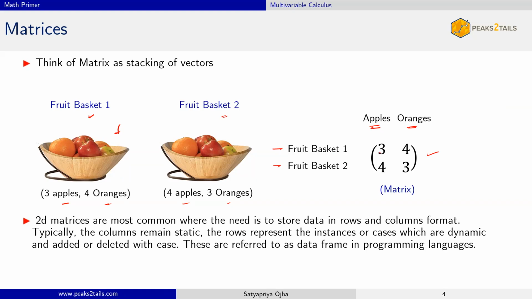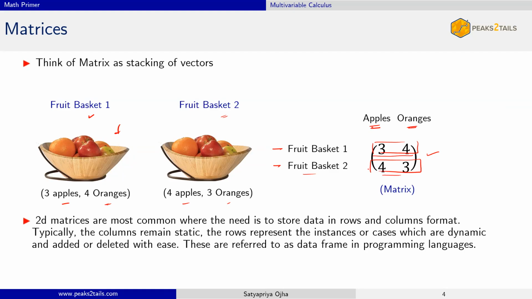Fruit basket 1 becomes one row vector, 3, 4. Fruit basket 2 becomes another row vector, 4, 3. Columns are apples and oranges. Okay, so this is one way of representing this. Basically, I'm stacking two vectors together. So vector 1, vector 2. That's the matrix. In the broadest sense, that's the matrix. It's just basically you're stacking multiple vectors together.